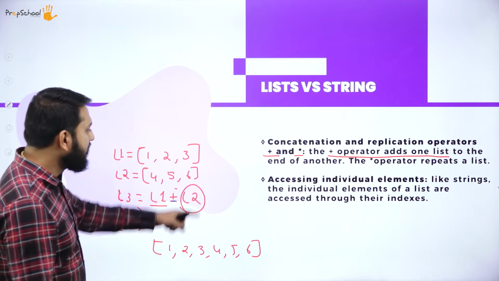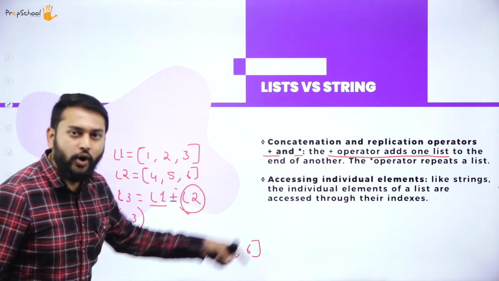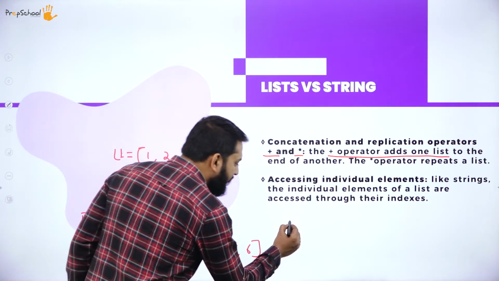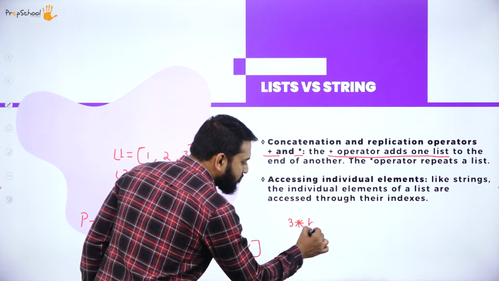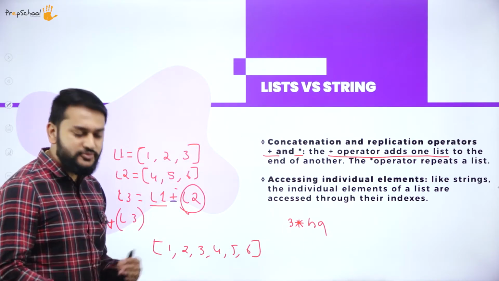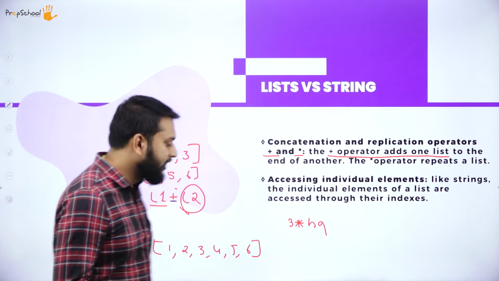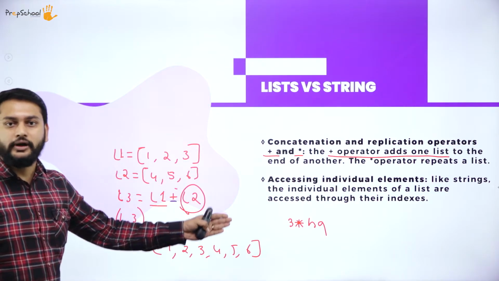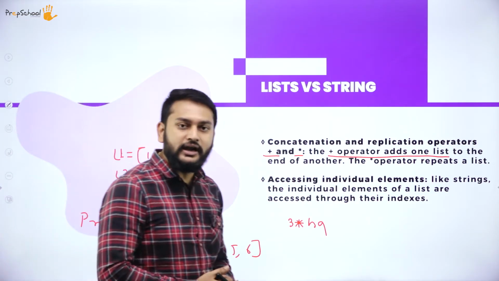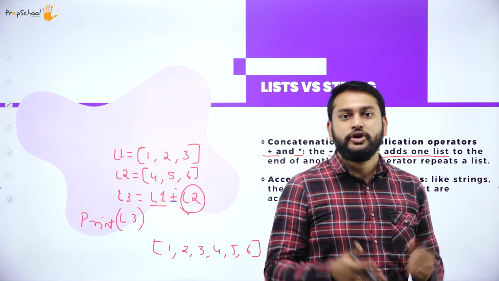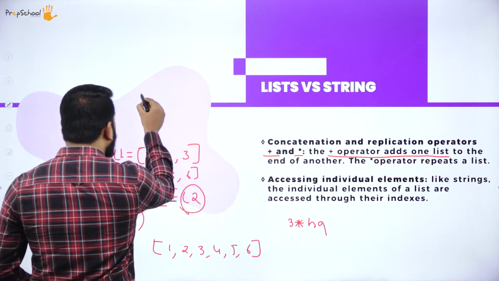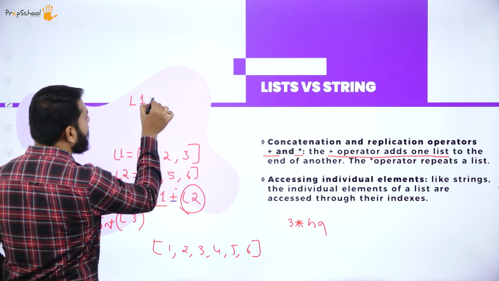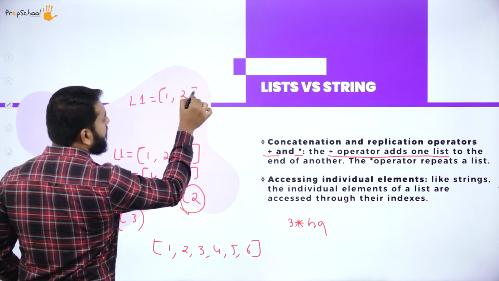In the same way, the replicator operator. What we had discussed: suppose I have 3 into HA, then 3 times HA will be printed. Same way, if I perform the replicator operator, the content will be repeated that many number of times. For example, I have L1 equal to 1, 2, 3.